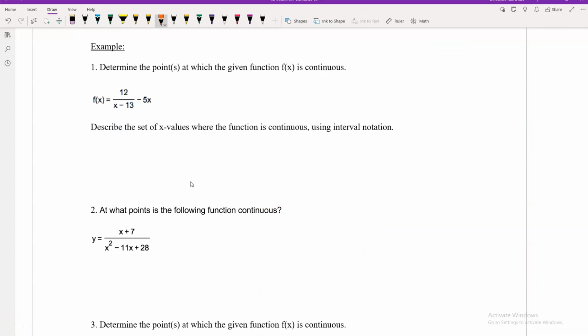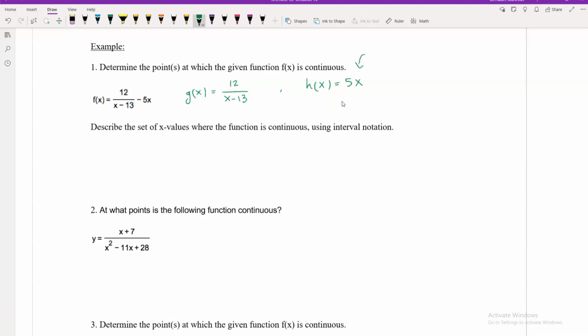Determine the point at which the given function f of x is continuous. Here we have the difference of two functions. Let g of x equal 12 divided by x minus 13 and h of x equal 5 times x.